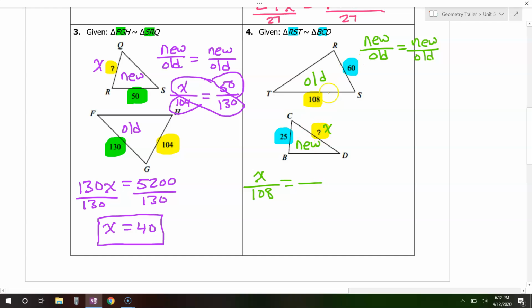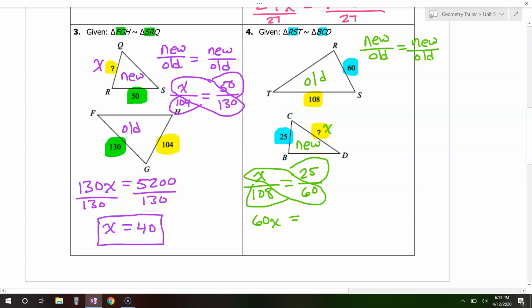Now I'm going to match up the blue, but I'm going to make sure to do new over old. So that'll be 25 over 60. So when we cross multiply, we're going to have 60x equal to, and then on the other side of the equation, we're going to multiply 108 times 25.